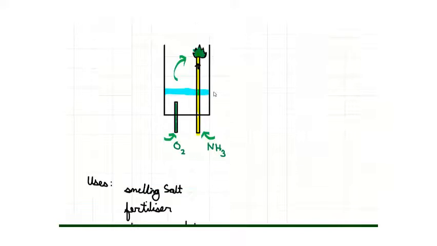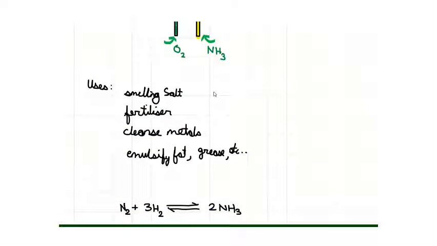Now, let's take a look at some uses for ammonia. Ammonia can be used as a smelling salt in the form of ammonium carbonate or (NH4)2CO3. It can be used as a fertilizer in the form of ammonium chloride or NH4Cl.